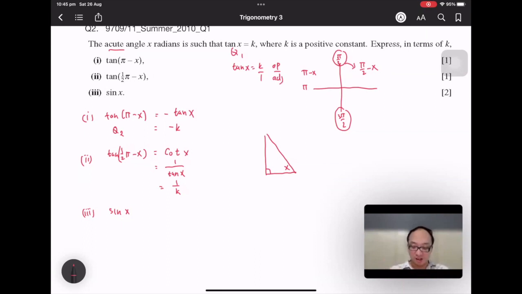So the opposite is k, the adjacent is 1, and the hypotenuse will be from Pythagoras, so root of k squared plus 1. So that means sine is opposite over hypotenuse, so it's k over root of k squared plus 1.